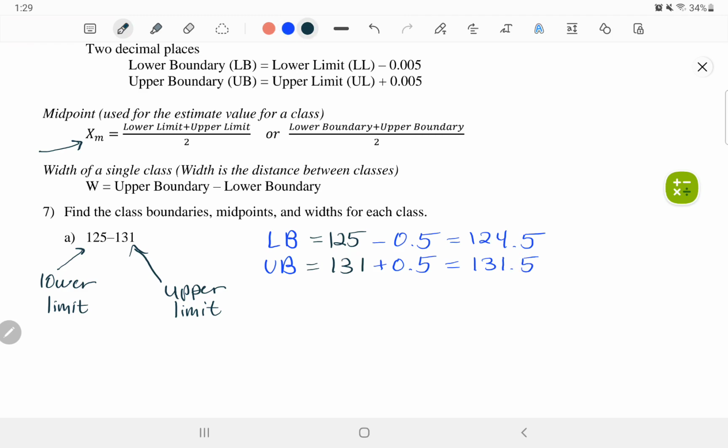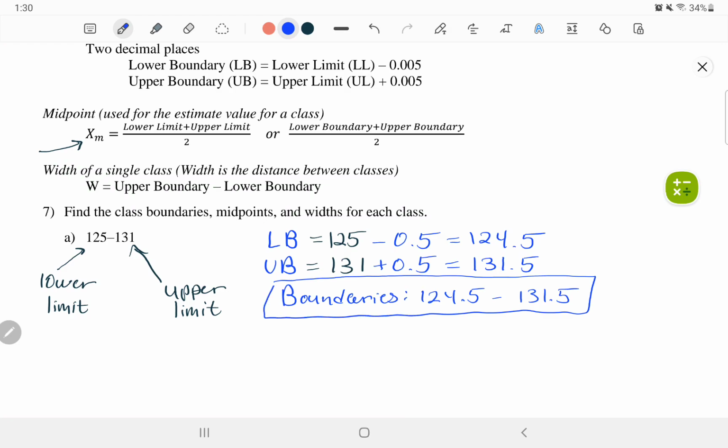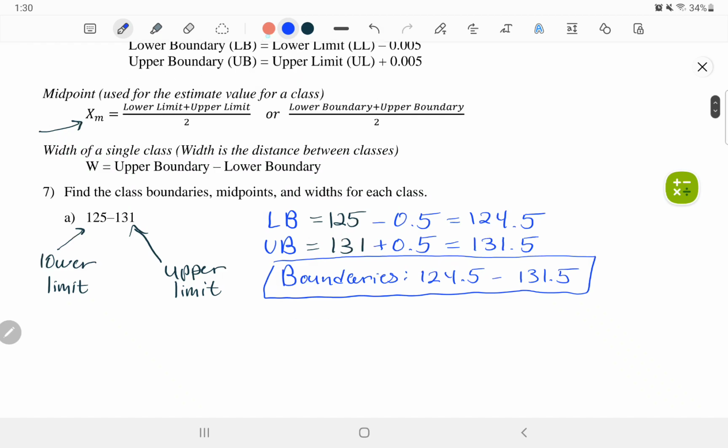So my boundaries go from 124.5 to 131.5, and that is the answer to this part of the question, because we also have to find the midpoint and then the class width.